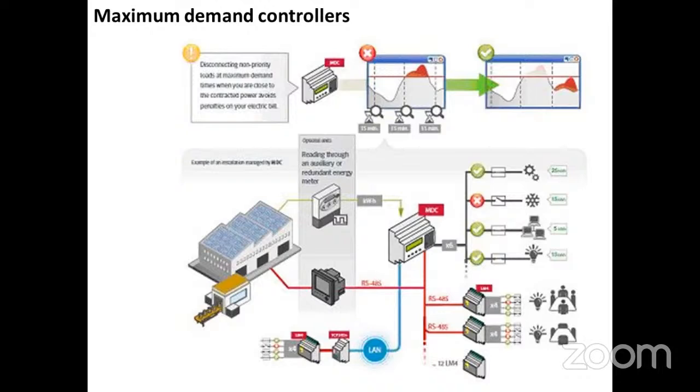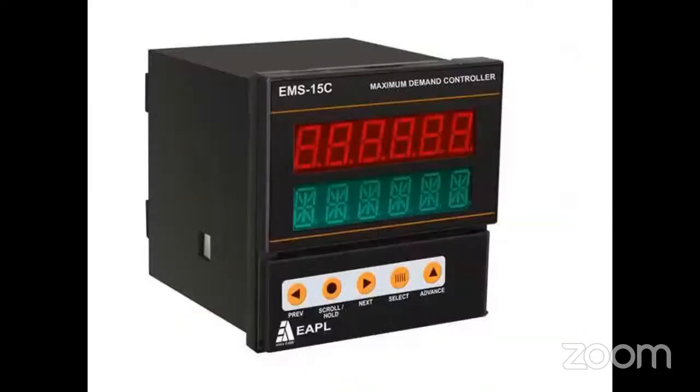The non-essential load will be cut during the maximum demand rise. So instead of paying penalty, they use this device to cut off the unimportant loads whenever the maximum demand rises, which may bring them penalty. That's it, maximum demand controller.